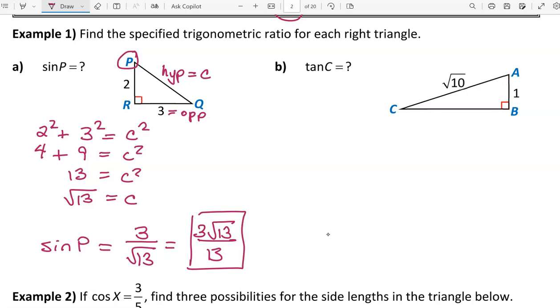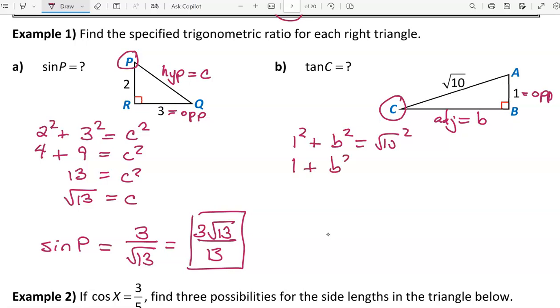All right, so in the next example, tangent of angle C, let's take a look at angle C here. Tangent is the value of the opposite over the adjacent side. And let's give the letter b for our adjacent side. And again, we'll have to use the Pythagorean theorem. So 1 squared plus b squared is equal to the square root of 10 squared.